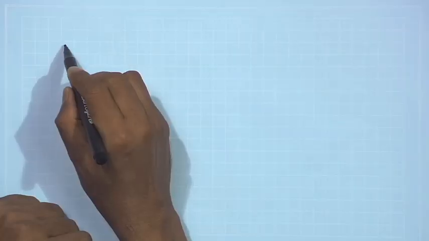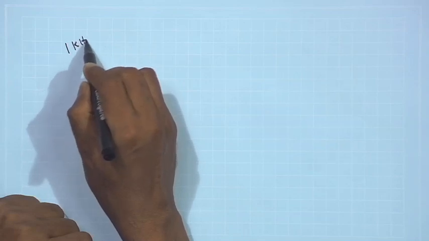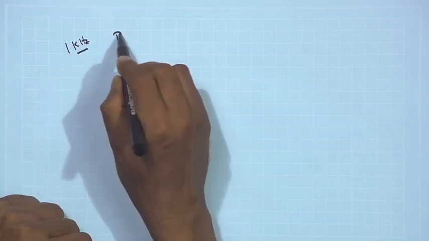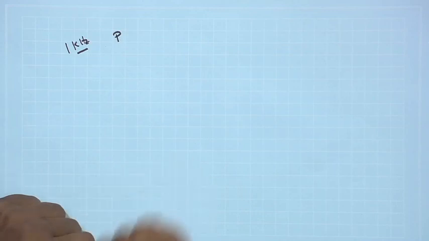Suppose I produce a 1 kilohertz acoustical signal of pressure P which just creates a sensation in the ears of a normal hearing person. The person must be a normal hearing person, not one with a defect; I am not discussing defects here. For a normal hearing person, the amount of pressure required to create just a sensation in the human ear is called the threshold of hearing.